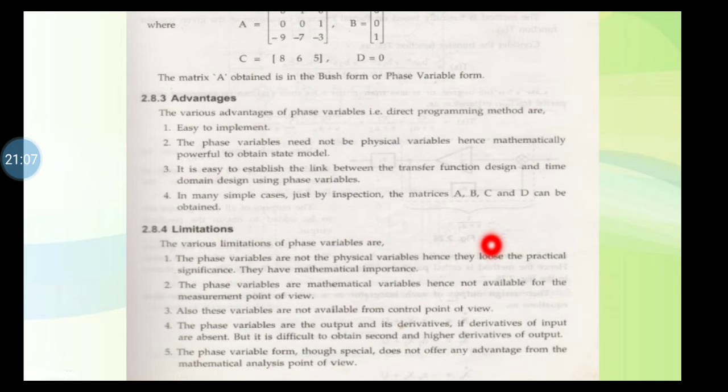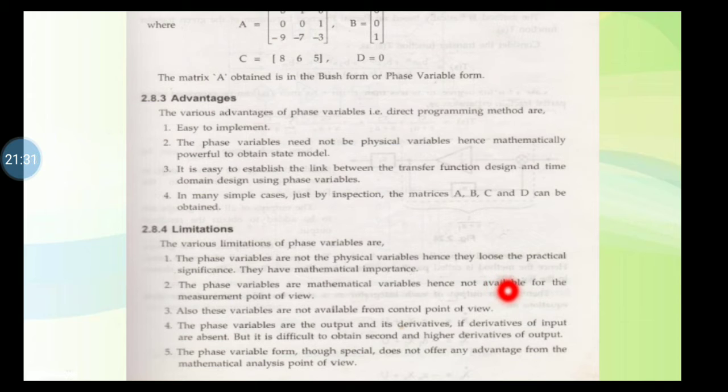The phase variables are not physical variables, hence they lose practical significance. They have mathematical importance. Second, the phase variables are mathematical variables, hence not available from the measurement point of view. Third, these variables are not available from the control point of view. Fourth, the phase variables are the output and its derivatives.